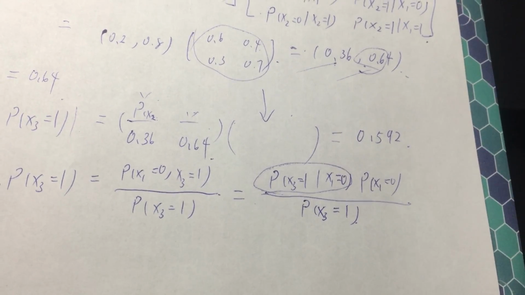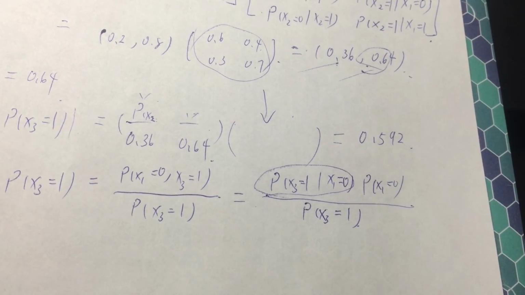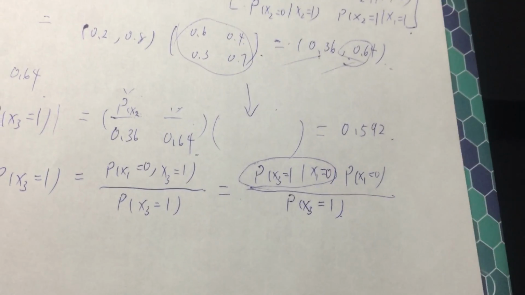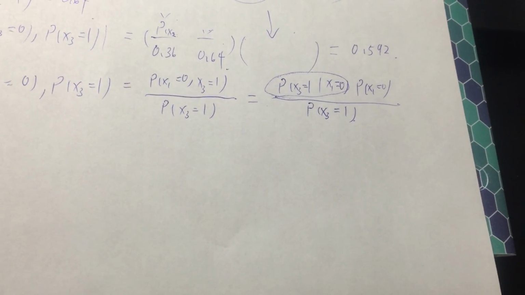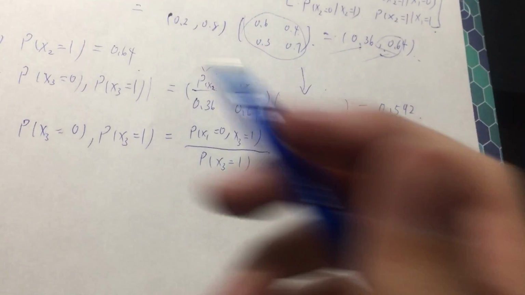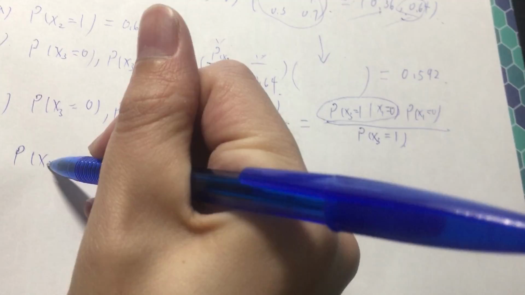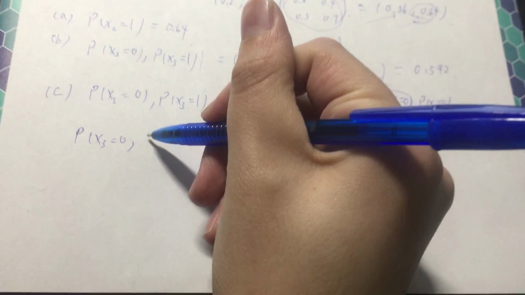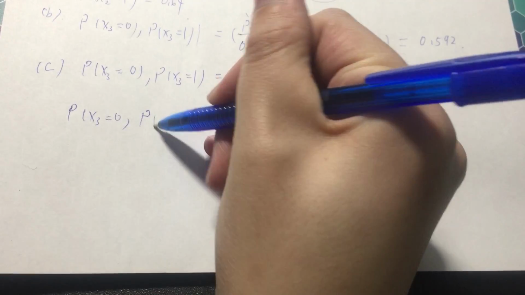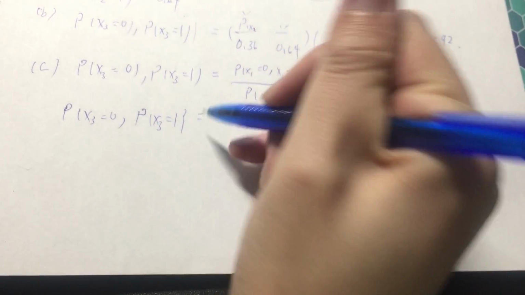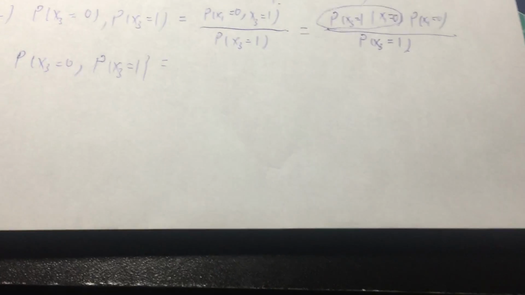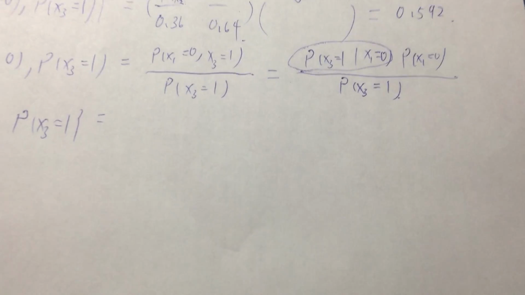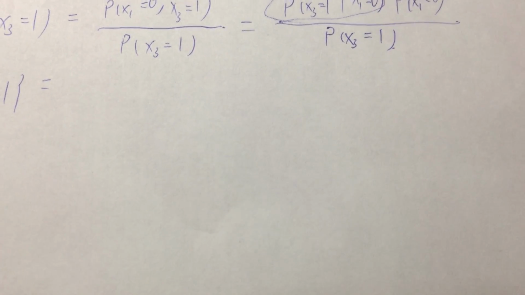So we only need to calculate P(x3 = 1 | x1 = 0). From above we can change the matrix as P(x3 = 0), P(x3 = 1), equal to the matrix we listed above.